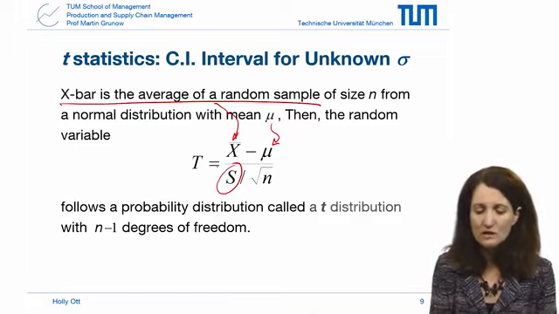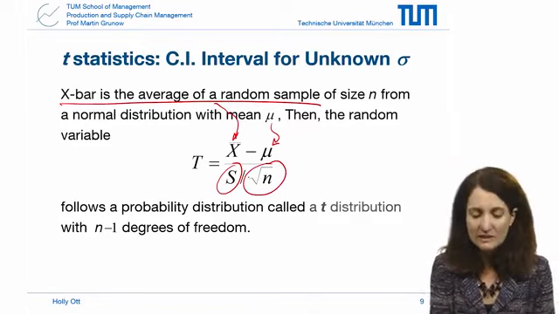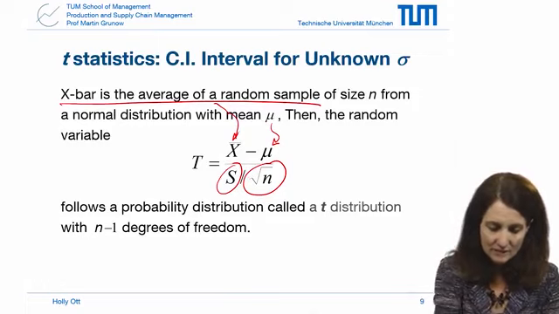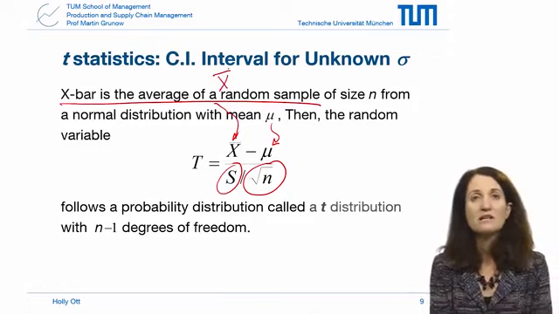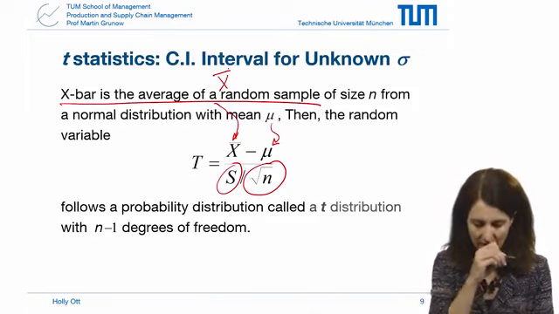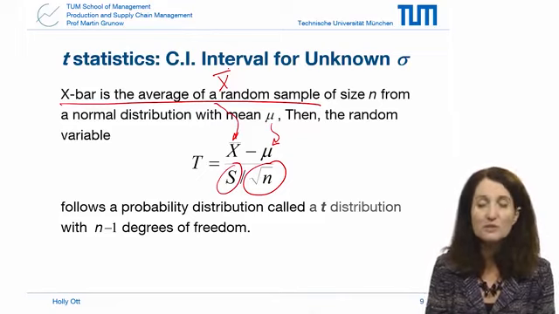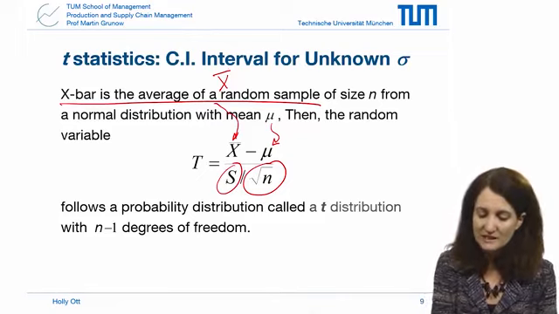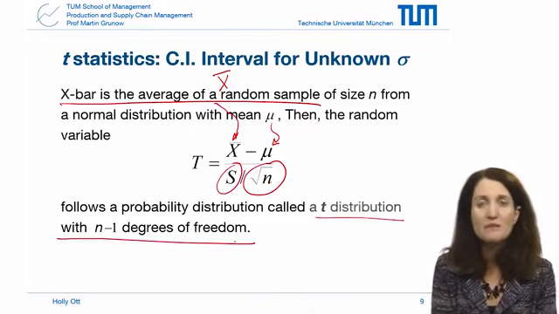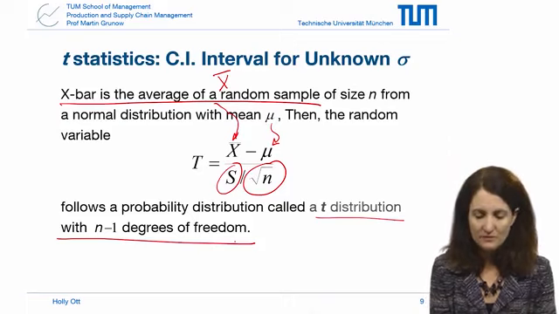So we had that before. But we have the square root of n because we're dealing here with x bar, a sample average. So the central limit theorem still applies. Now, this t variable follows a probability distribution called the t distribution with n minus 1 degrees of freedom.